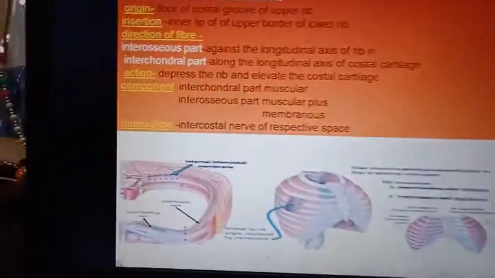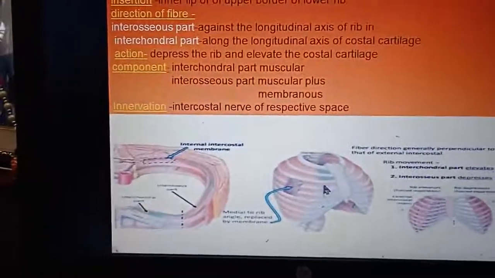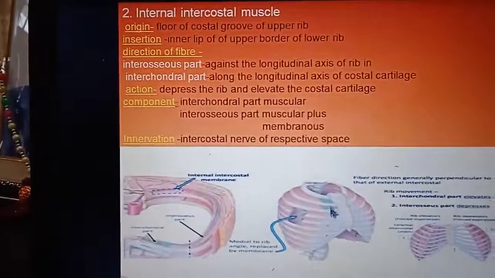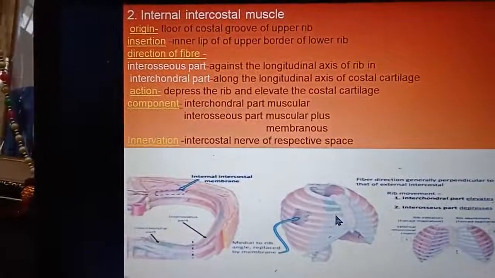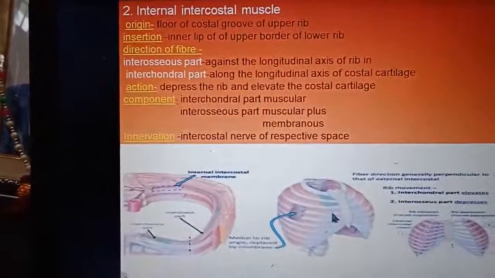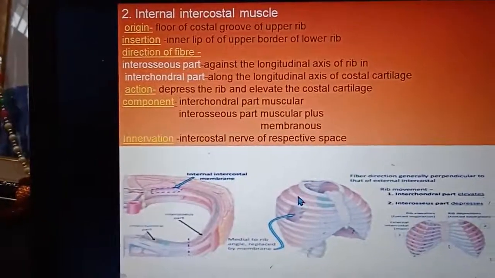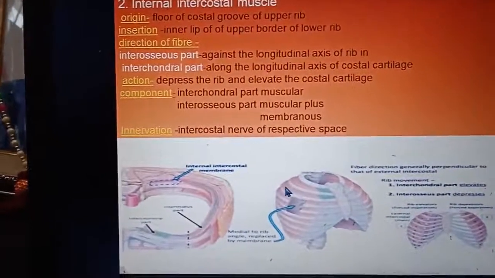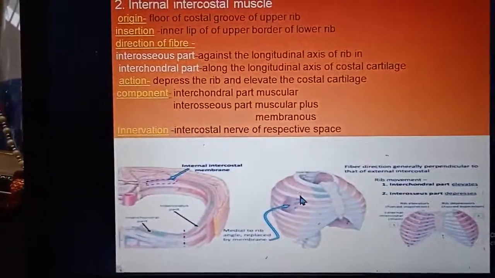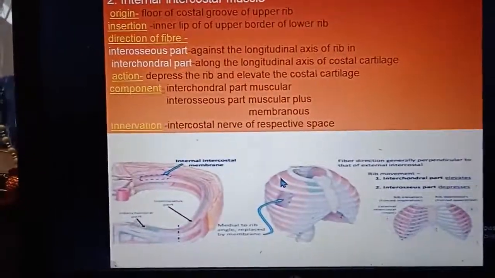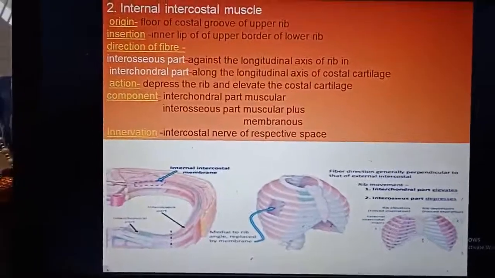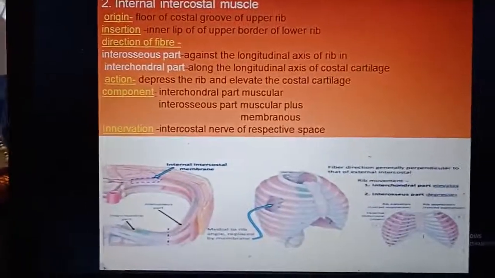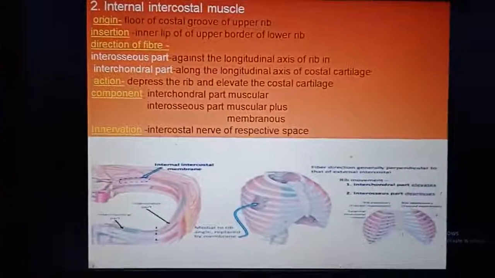So in this part, in between the costal cartilages, the internal intercostal muscle elevates the rib, that is, it is along the axis of the costal cartilage, but in the interosseous part it is against the longitudinal axis of the rib, the direction of fiber. So the muscle in the interosseous part depresses the rib and helps in expiration. One who elevates helps in inspiration and one who depresses helps in expiration.